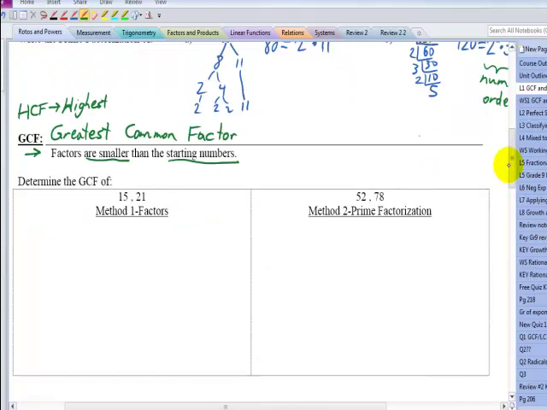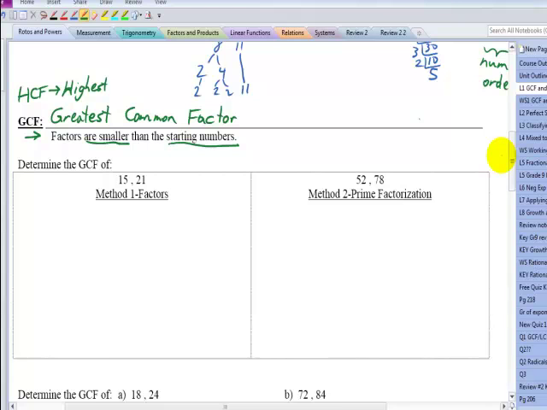So I'm going to show you two things. We're going to start with the factors first. So if we have 15, the factors of 15 are 1, 3, 5, 15. Please write the factors of 21 now. Go. What numbers multiply to 21? Try and put in numerical order.